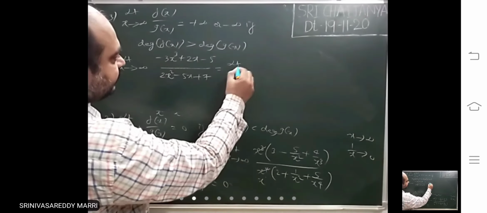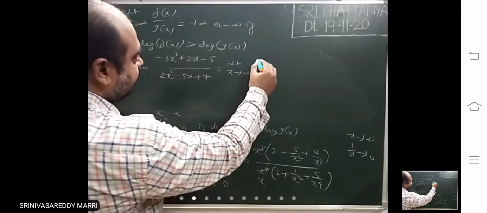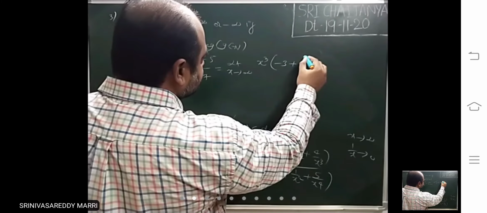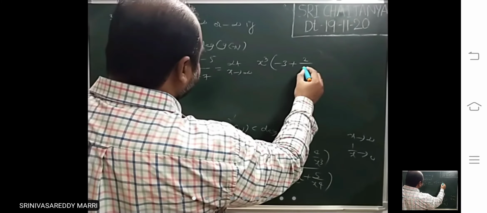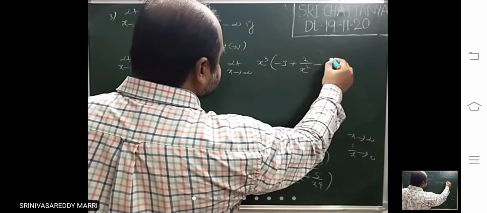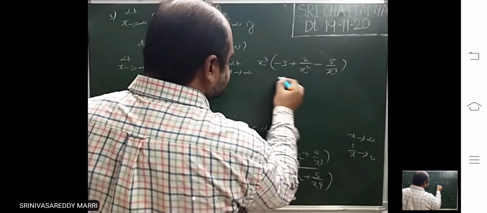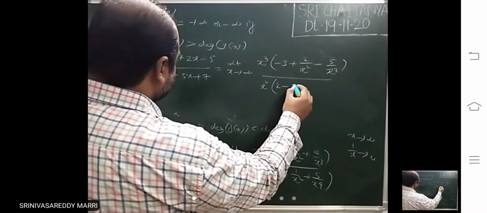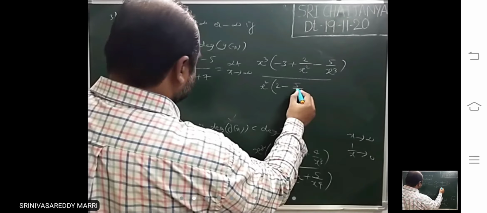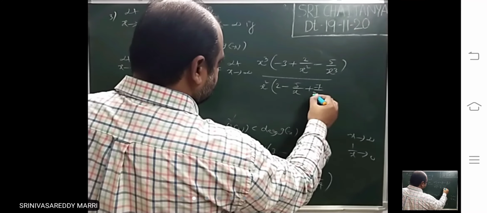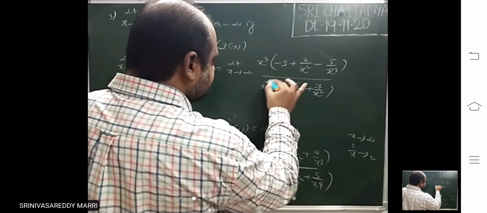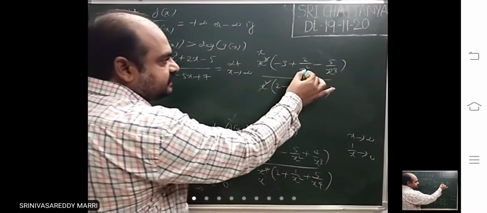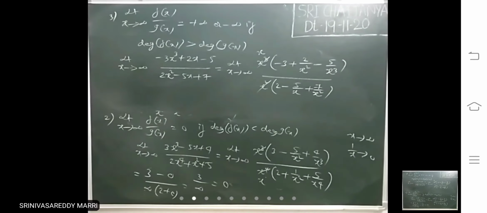So now what I am doing is, x cube I am taking common, minus 3 plus 2 by x square minus 5 by x cube, divided by denominator highest degree. If we strike off, one x will be remaining there. So this will become 0, this will become 0, this will become 0, this will become 0.